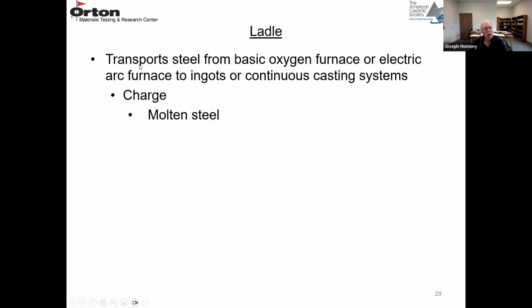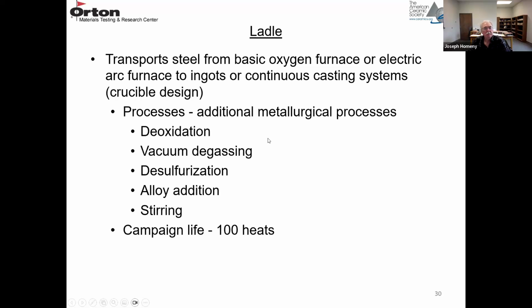The ladles move steel from the basic oxygen furnace or electric arc furnaces to where they're cast into ingots or continuous cast ribbons. So they're also just carrying molten steel. So they're basically crucibles, large crucibles, and they can do additional refining in these ladles.